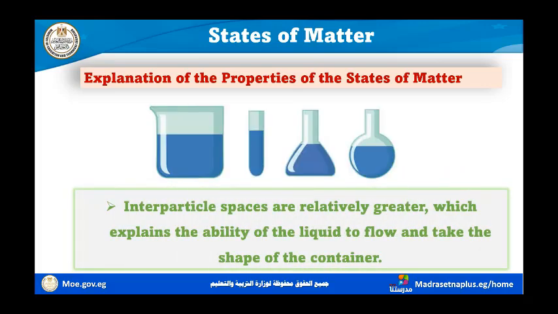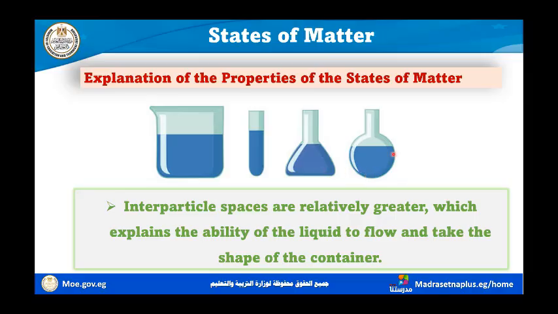And this is why, as the interparticle spaces are relatively greater, this explains the ability of the liquid to flow and take the shape of the container. If we have, for example, a certain volume of a liquid like this blue liquid, and put it in different containers, each container will make the liquid take its shape.